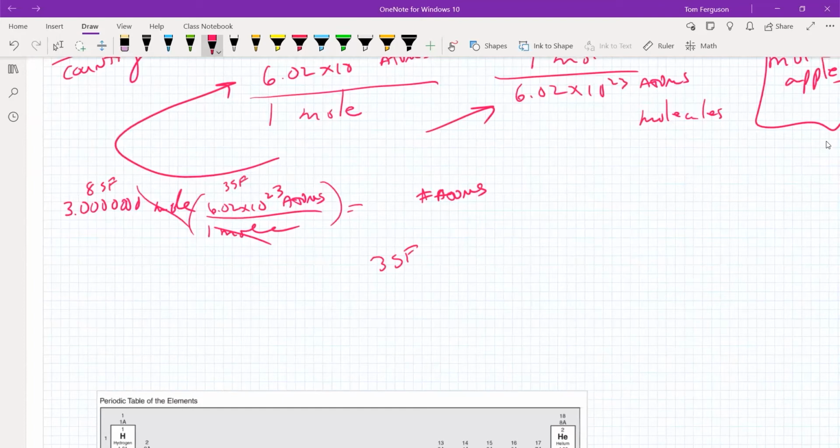So we're going to now multiply. Get my calculator out, but I should have gotten it out earlier. Yeah, so we're going to multiply 3 times 602.